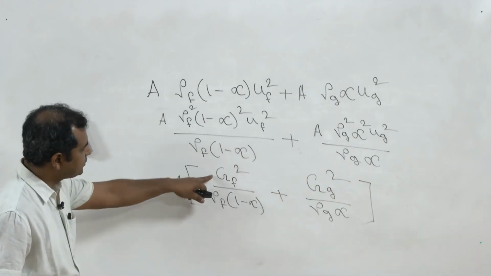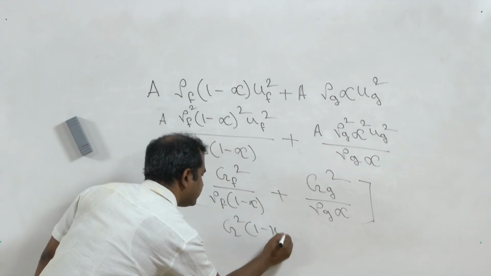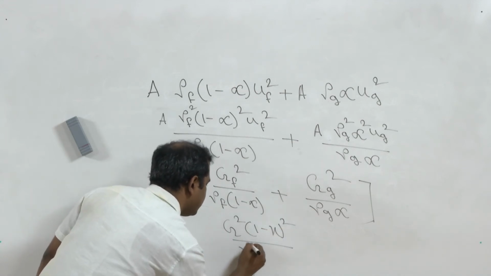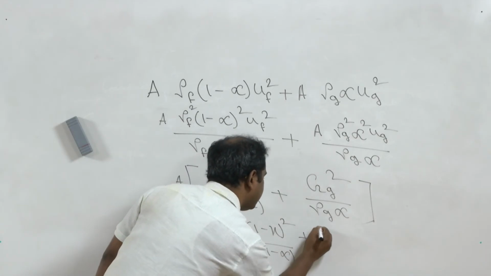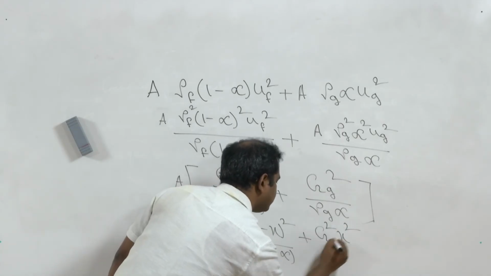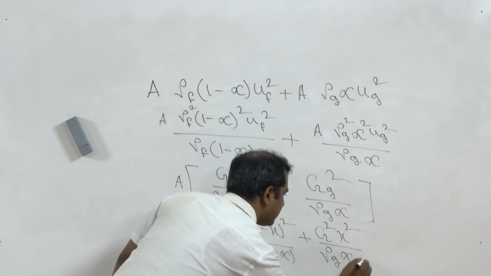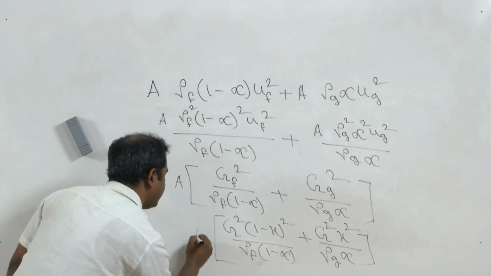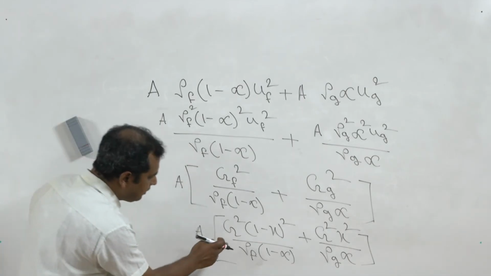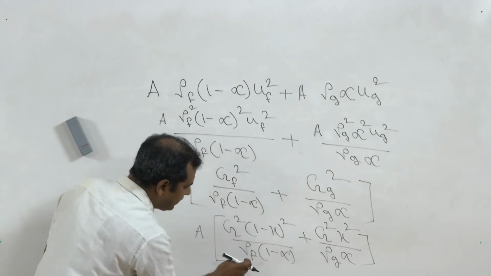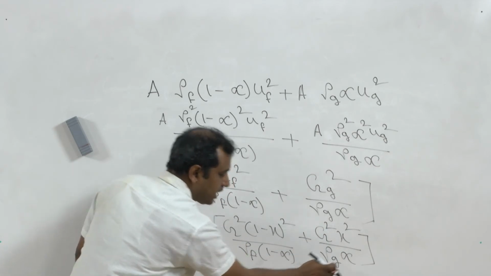Now, you see this Gf can be written as G square into 1 minus x whole square by rho f 1 minus alpha, and this one can be written as G square into x square, from the definition of mass quality, over rho g into alpha, multiplied by A. So, we can take A G square common and we can define this 1 minus x whole square divided by rho f into 1 minus alpha plus x square divided by rho g into alpha as a new term.